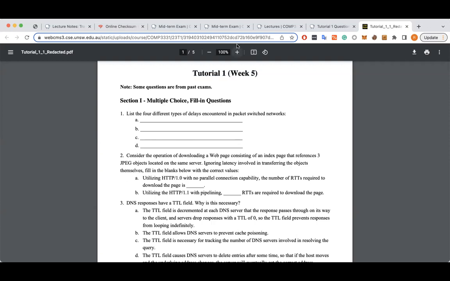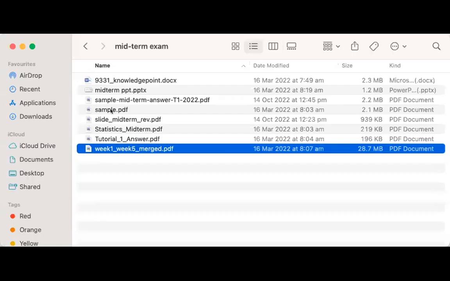Is that okay? And for the rest of the time, I would like to go through all the content in the lecture slides with you. And I have prepared some material to be uploaded.